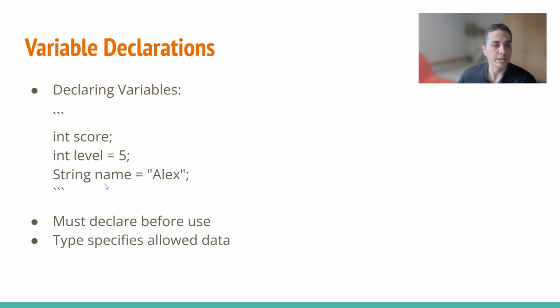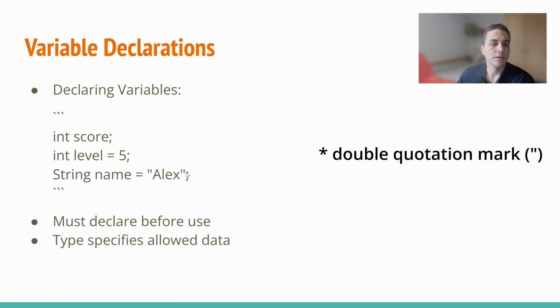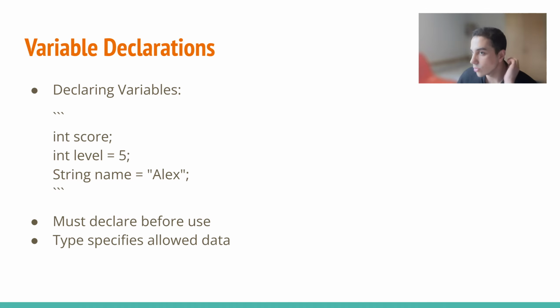And also we have strings for texts, not too large text, but for texts you can give it, like here, Alex. First you need to declare them if you want to use them, and they have different types and very specific attributes depending on the data.